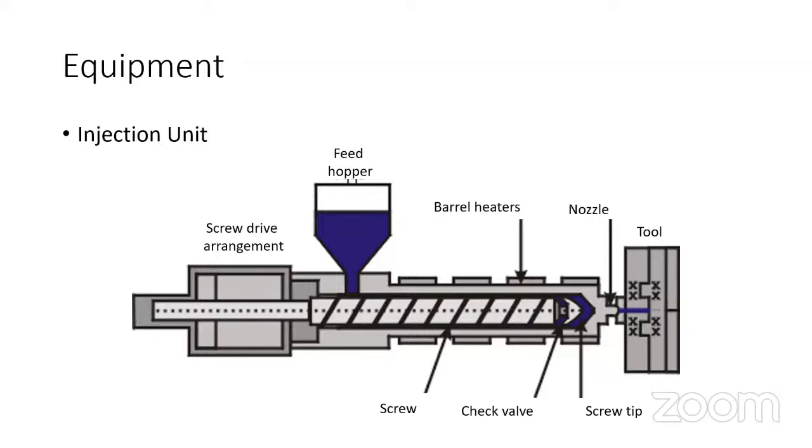The clamping unit will help to hold the mold, to close the mold, and to open the mold with the variation of the different operations. This is the function of a clamping unit.